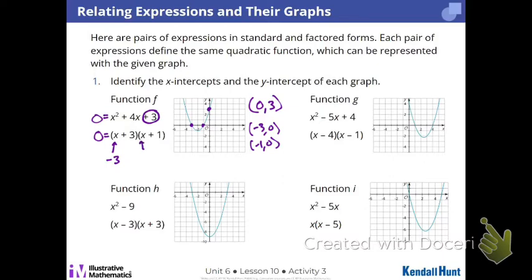Or if I can get this x to be -1, -1 plus 1 is 0, 0 times the other junk is 0. Either way it pumps out a 0. And it's justified by our graph. So if I can get either one of these parts to equal 0, then it makes 0, which is why quadratics sometimes have 2 answers. That's kind of cool, right? It's all about zeros, baby.